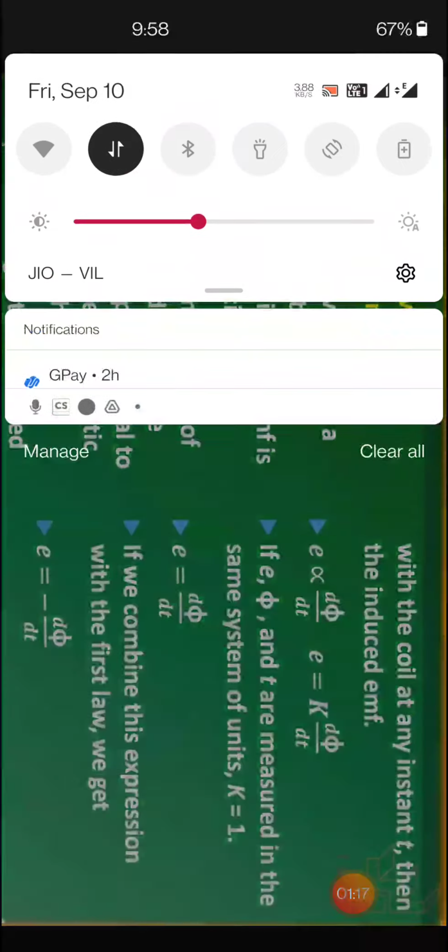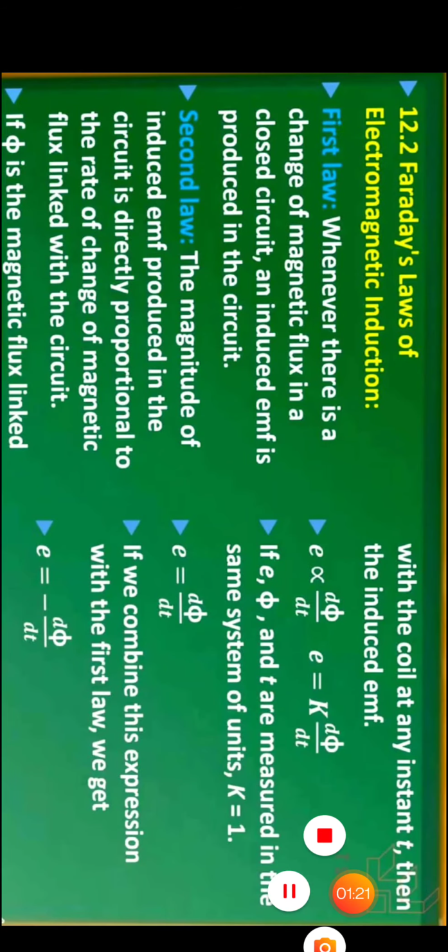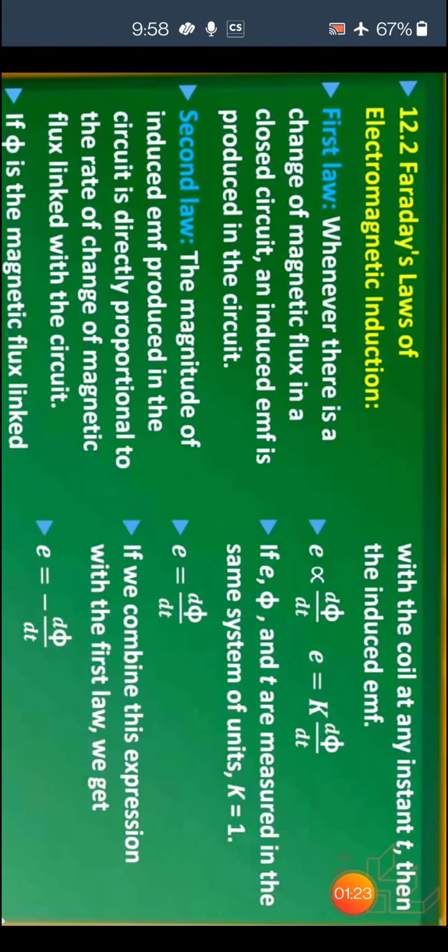Here, if E, phi and t are measured in the same system of units, then k is a constant equal to 1. Then we get the equation E is equal to d phi by dt.